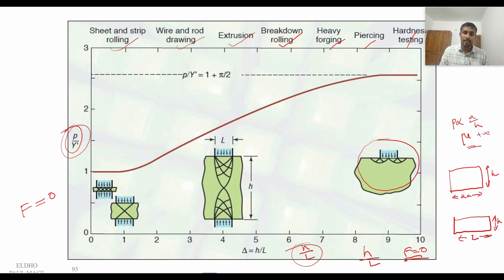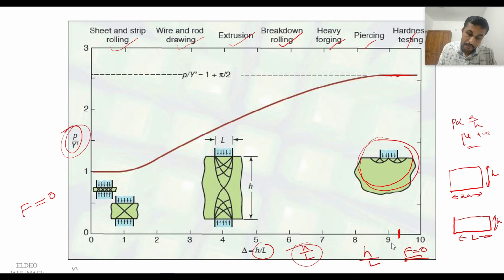We can see in the hardness testing, a huge amount of pressure is required for making an indentation using a punch or die. So in case of hardness testing, the S by L ratio is a very large value. What is the reason?